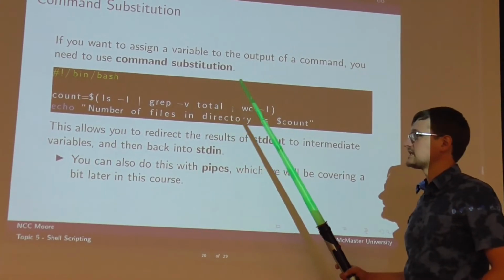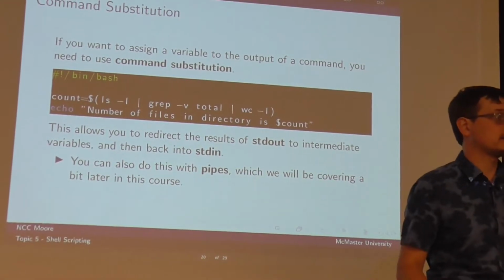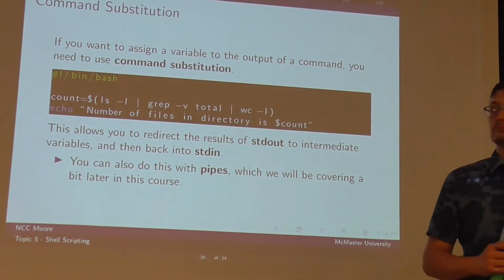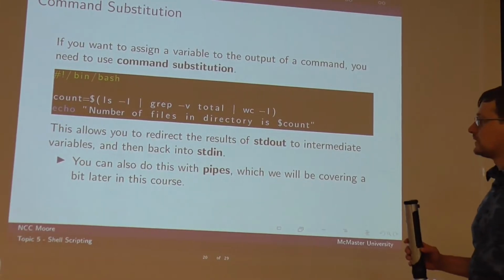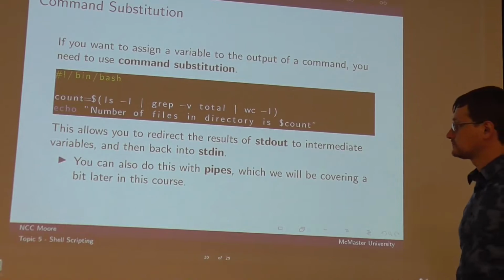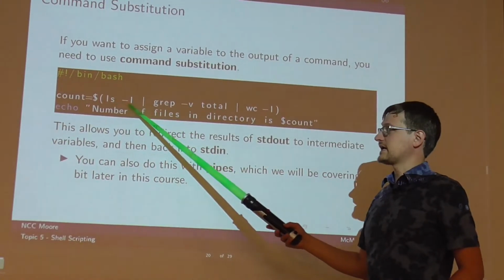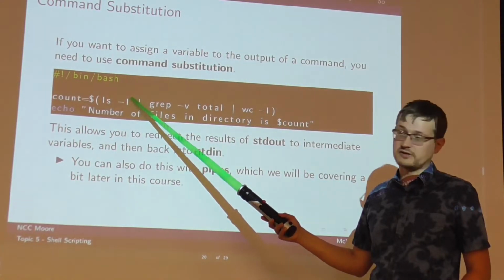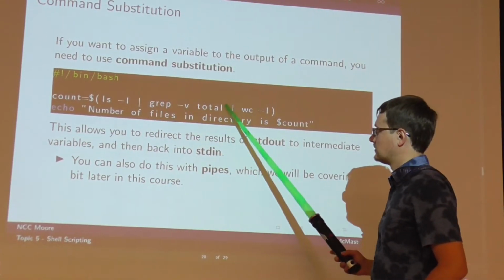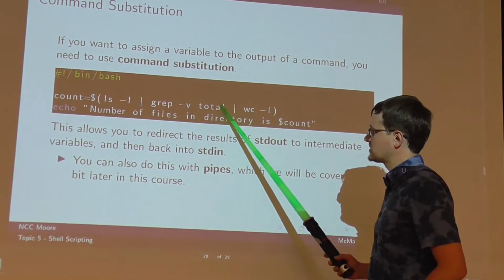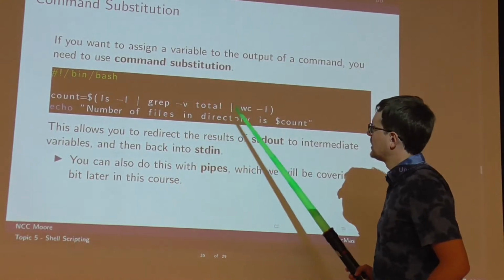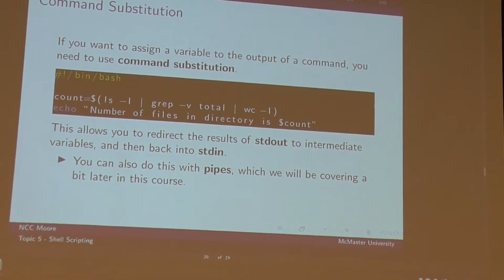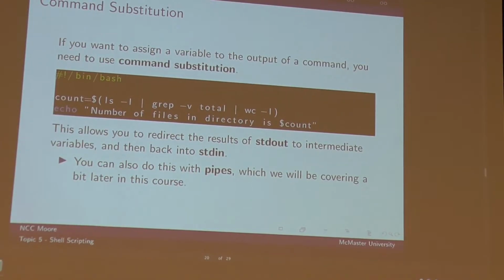What this does is it captures the output of that command and stores it in the variable. So, for example, ls -l lists all of the files in the current working directory. grep -v total counts something, and then wc counts something else. We'll see when we break it down in terms of its individual commands.